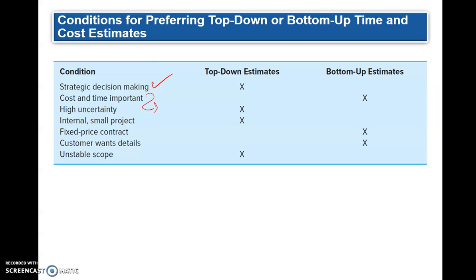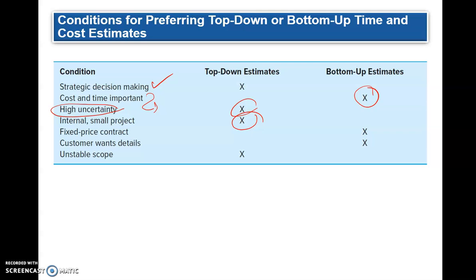If you are pressed for time and if you have a solid budget to work with and you cannot go further than that, you need to use a bottom-up or detailed estimate. If you have highly uncertain projects, you don't know the details, so you need to come out with a top-down estimate. Small projects, top-down estimates should give you enough budget and enough time.